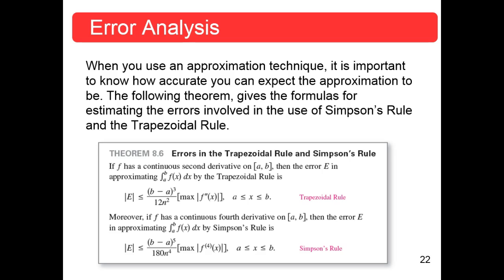Now pi to the fifth power divided by 180 times 8 raised to the fourth power. I'm not about to do that by hand. Now it's times 10 to the negative 4, 4.15.